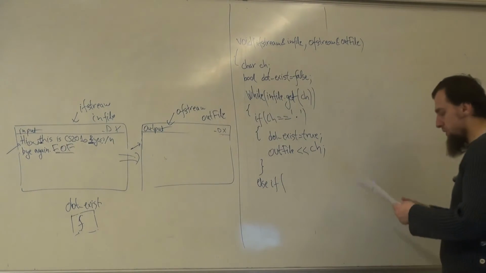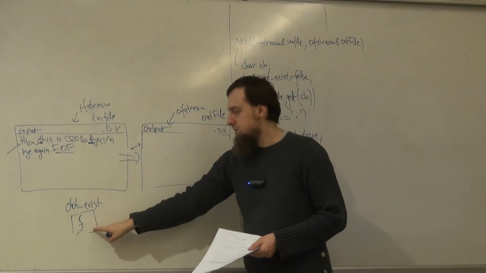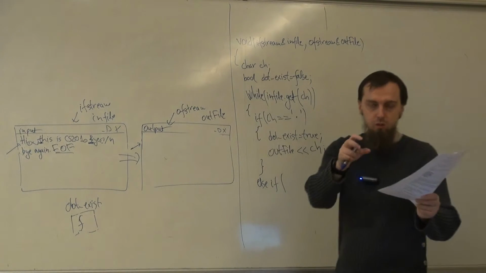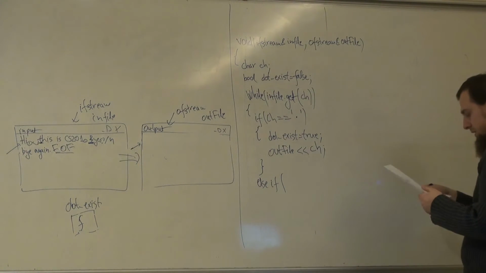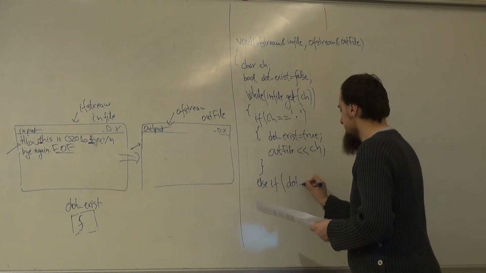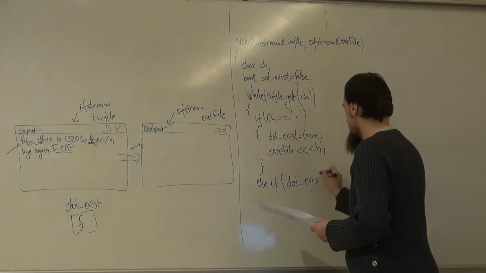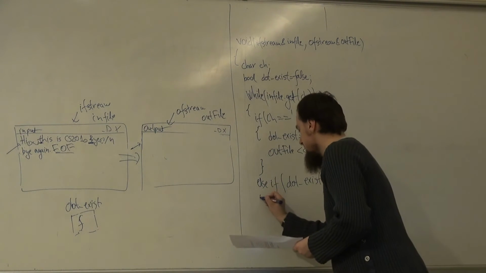This is the part we're writing right now. So if it's not a dot, we check whether dot exist is true. If it's true, that means that we have taken a dot and now we have to convert the first character to a letter uppercase. That's why we ask else if dot exist, and let's see what we are doing here.